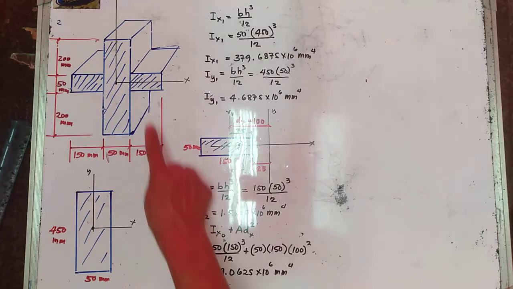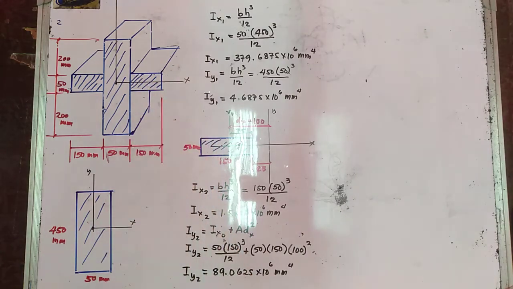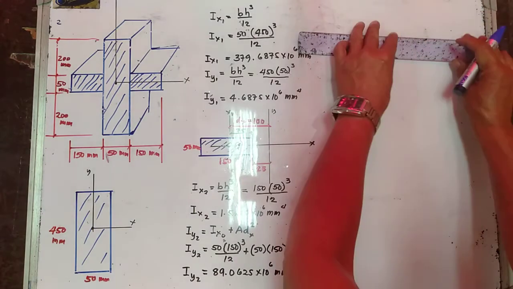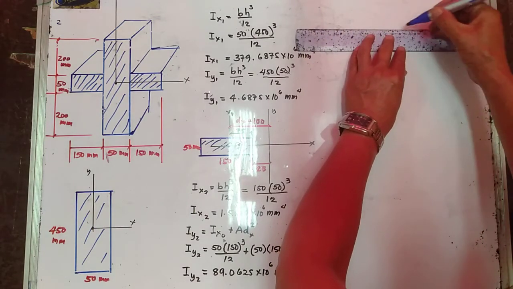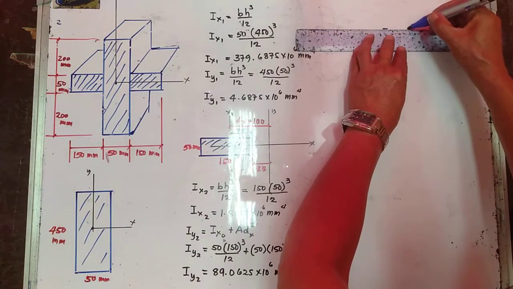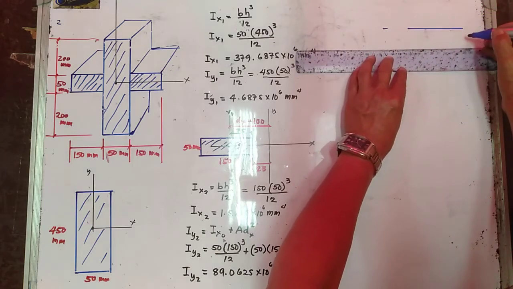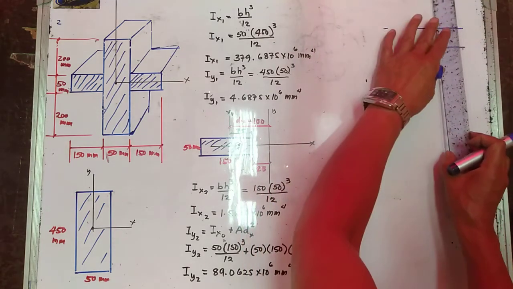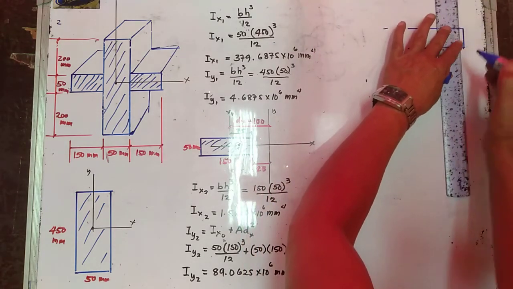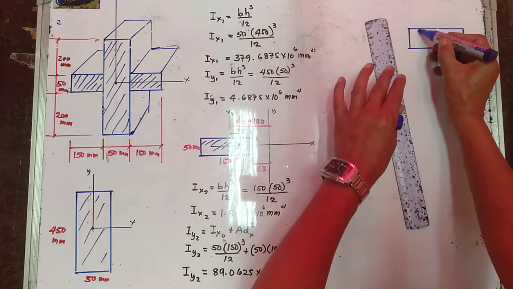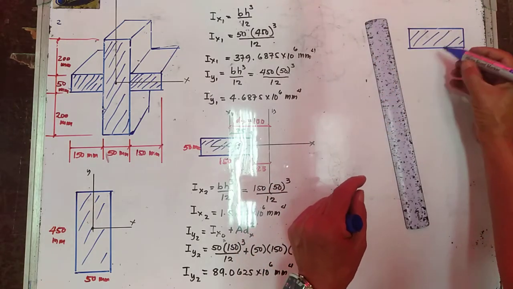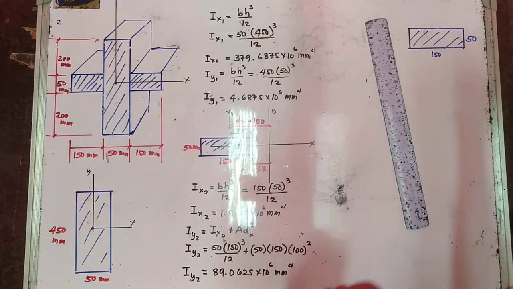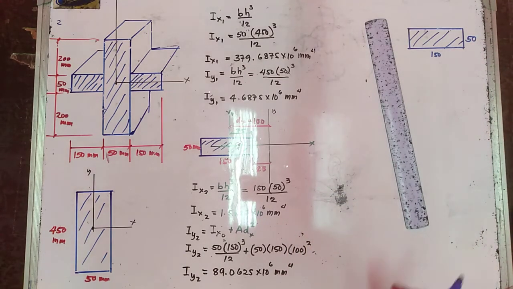And then we have your area 3. So that is 150 millimeter, and that one is 50 millimeter.